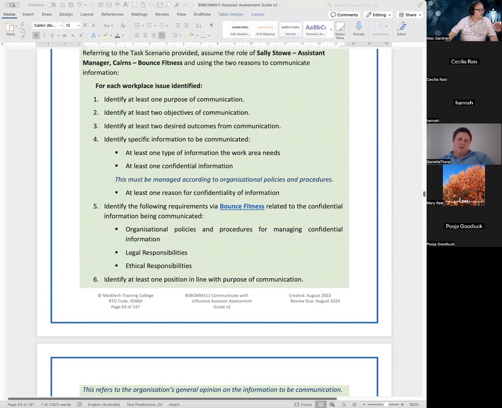So that's how I want you to look at it. Now let's go into objective. So if you copy that down and use that as your guide, and that's what I'll be marking against.